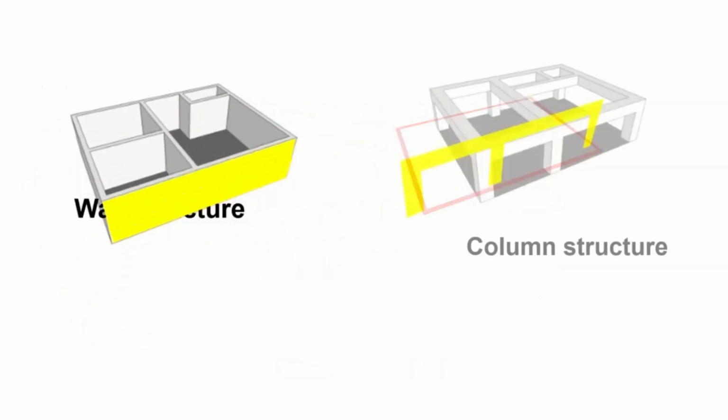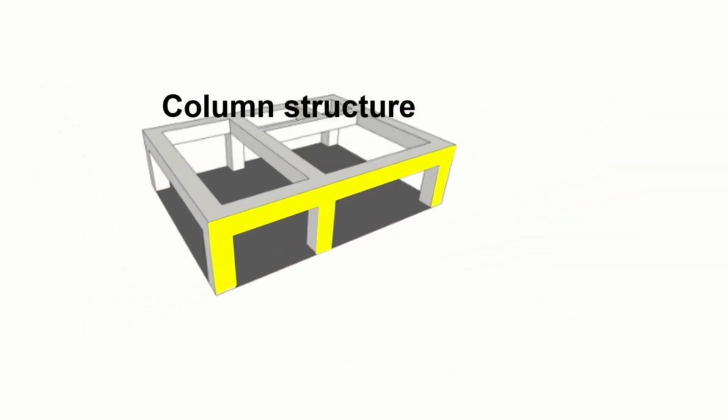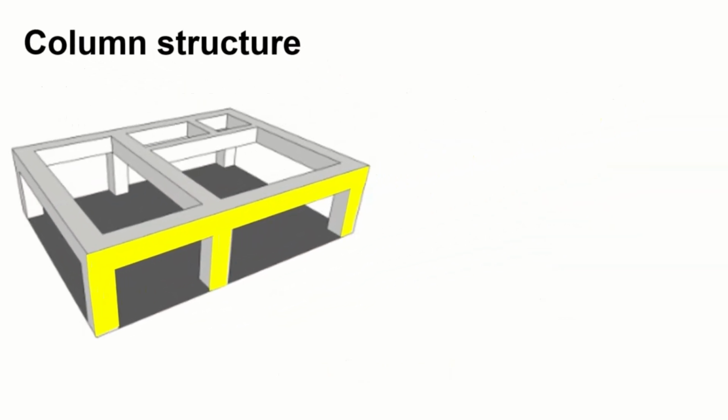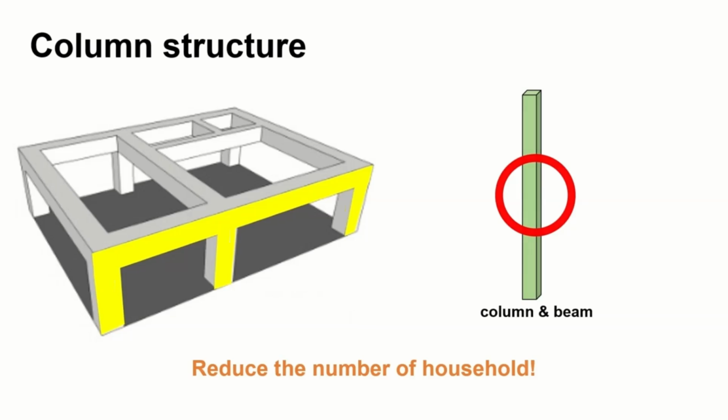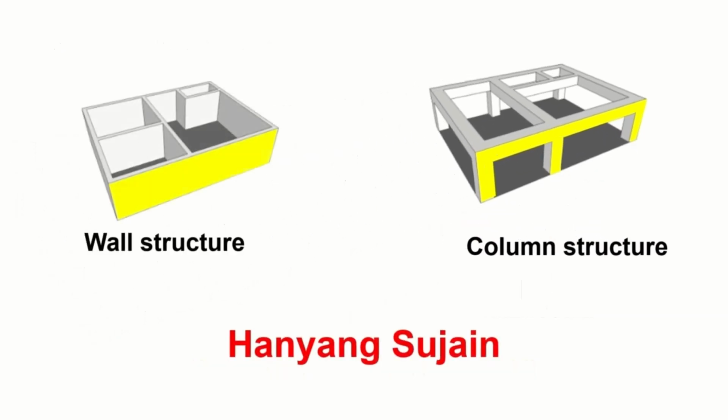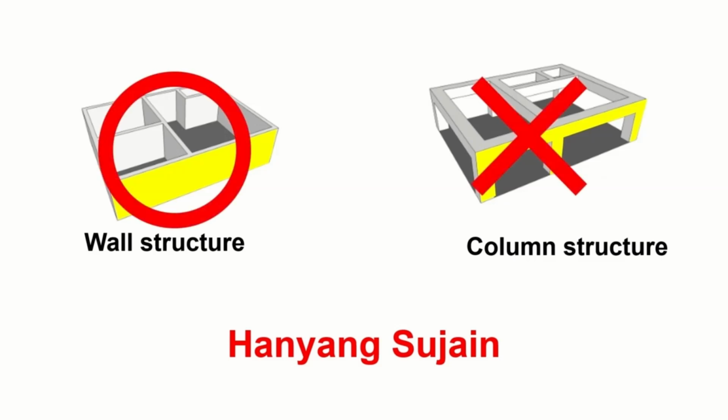On the other hand, the column structure involves installing beams and columns horizontally to support the ceiling. This results in higher floor heights within each level, reducing the number of households that can live at the same height, and making construction more complex. Therefore, at Hanyang Sujain Apartments, we plan to construct the apartments using the wall structure.